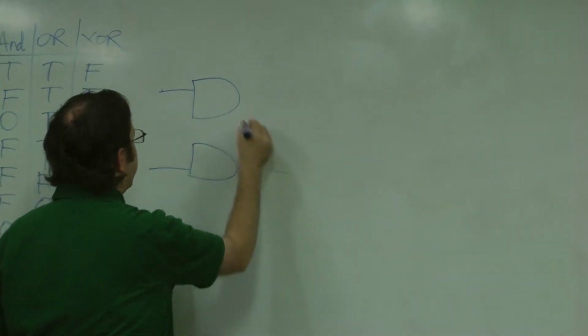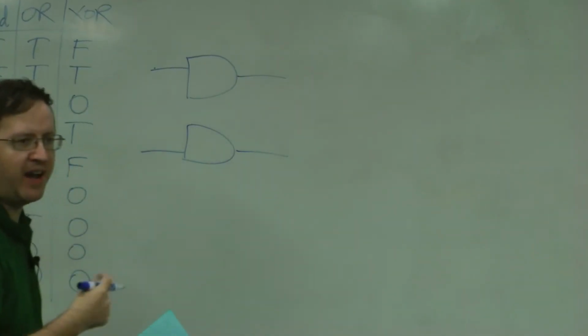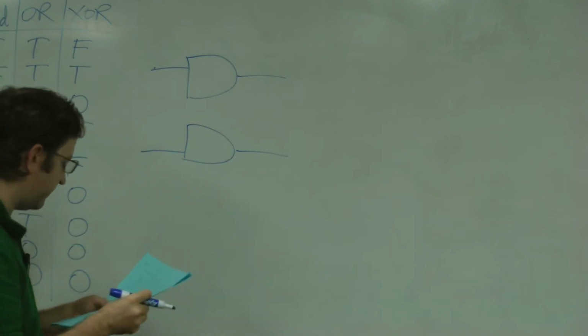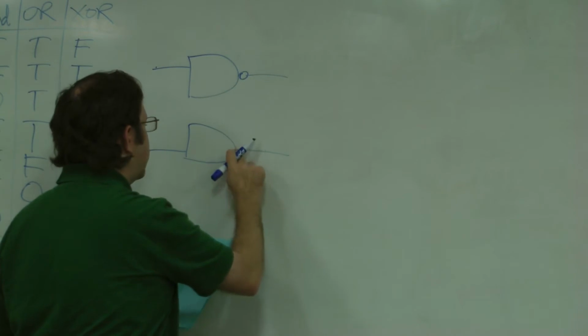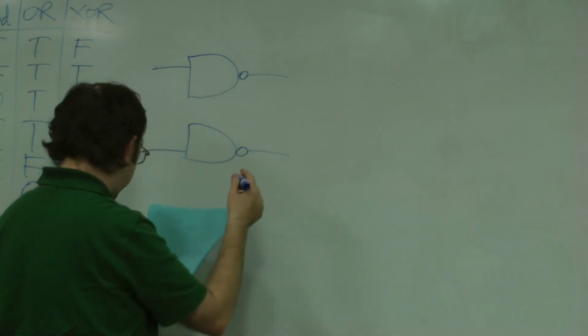But the most common way of doing memory in binary is to start with two things called latches.